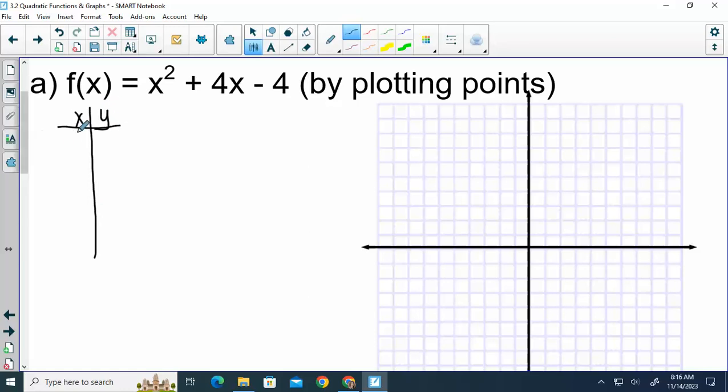Okay. So then we get 0 plus 0 minus 4, which is negative 4. If I put in 1, I get 1 plus 4 minus 4, which is 1.